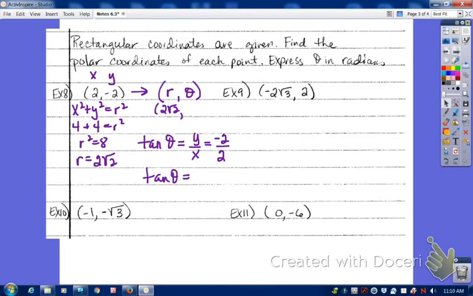So tangent of theta would be equal to negative 1. If you want your angle to come out in degrees, you're going to need to pick up your calculator and change your calculator back to degrees. You're also going to need to check to see what quadrant your angle is in. So go back to your rectangular point. What quadrant is 2, negative 2 in?